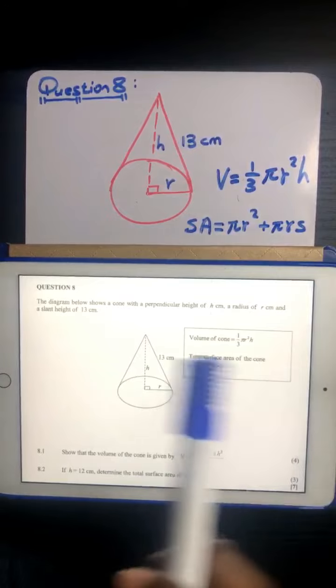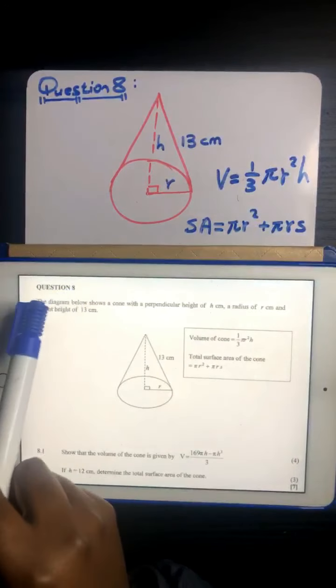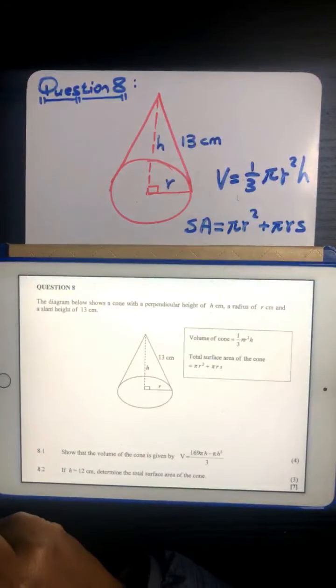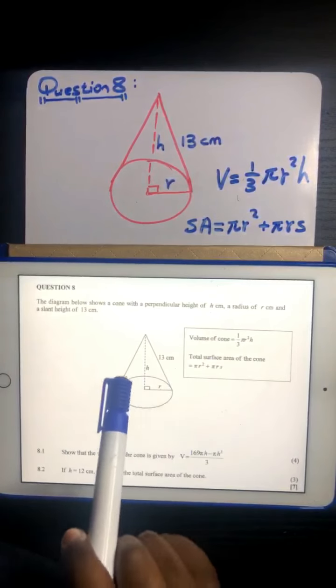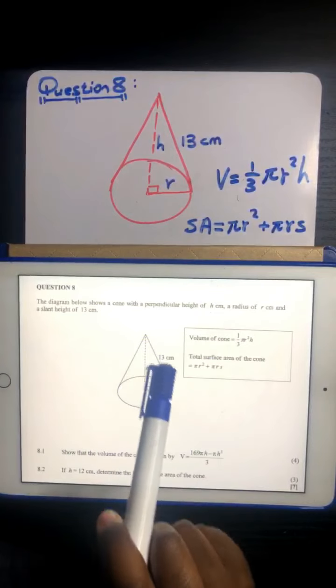So let's see. Question 8, we are given a statement over there. The statement says, the diagram below shows a cone. Remember, guys, this is a cone. Think of an ice cream, that cone of an ice cream.